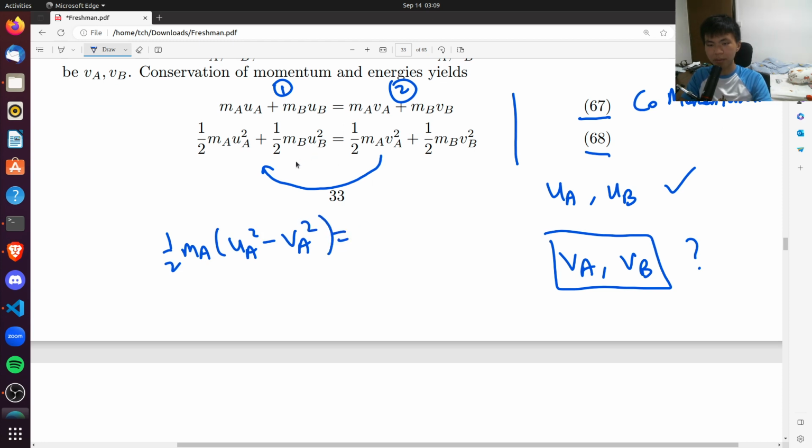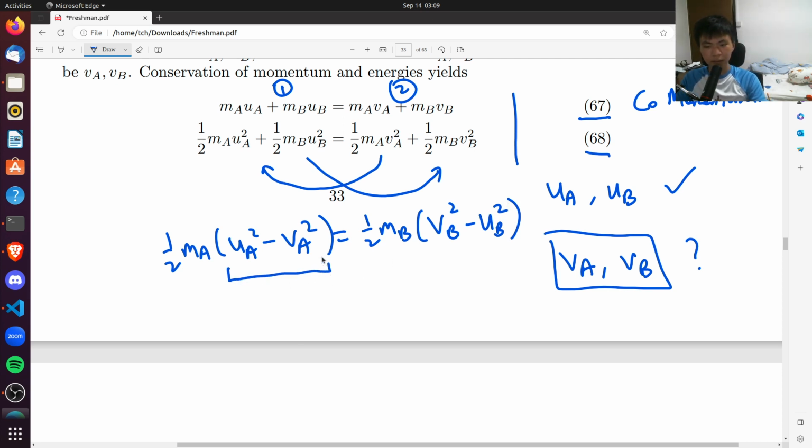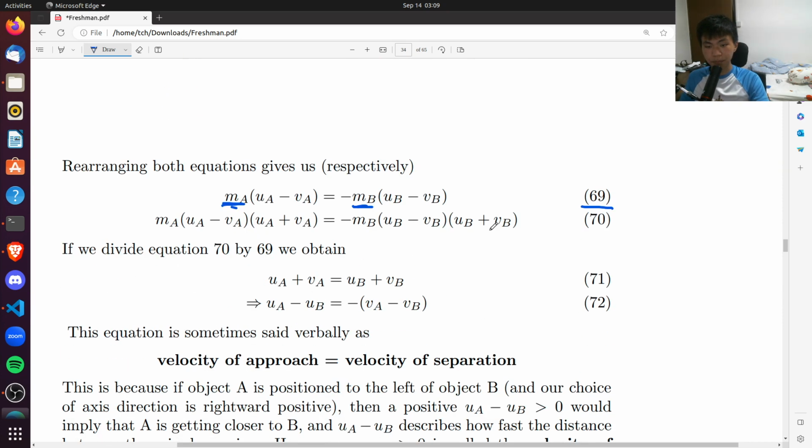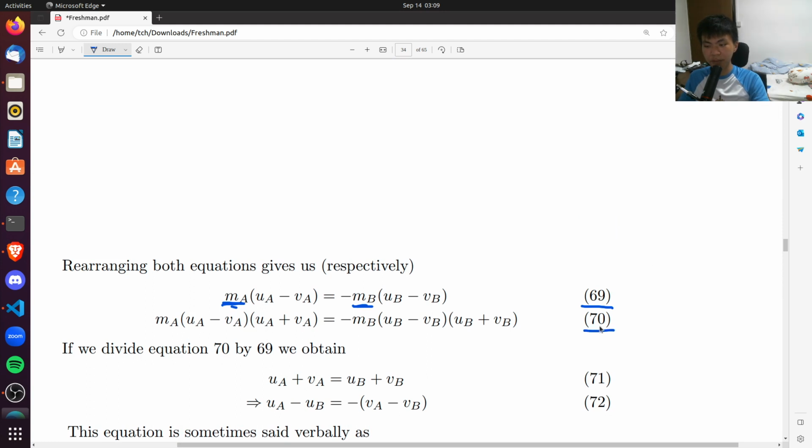Likewise, bringing this to the right-hand side, half MB times VB squared minus UB squared. This is a difference of two squares, so I can write it as UA minus VA times UA plus VA, and likewise for the other side. Then I arrive at equation 70.